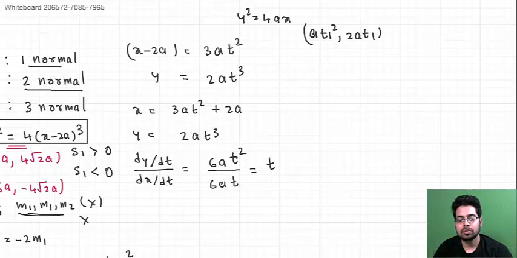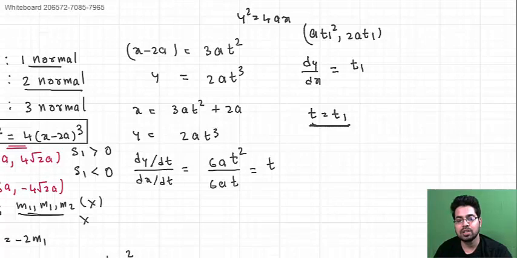Now I know that my dy by dx, in a similar way, would turn out to be equal to t1. So for t equals t1, obviously the solution exists. We can always find a t for which t is equal to t1.